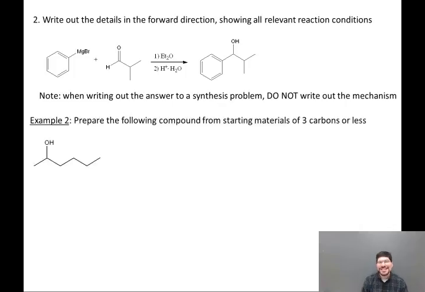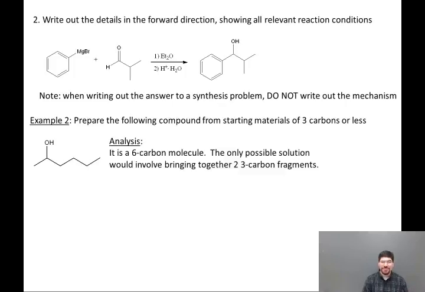Okay, let's look at one more example in this lesson, and that is to prepare the following compound, which, if you think back to nomenclature, you should be able to recognize as being 2-hexanol from starting materials of 3 carbons or less. Okay, so now I'm giving you the constraint, and that constraint is going to dictate which reaction we use to solve this problem.